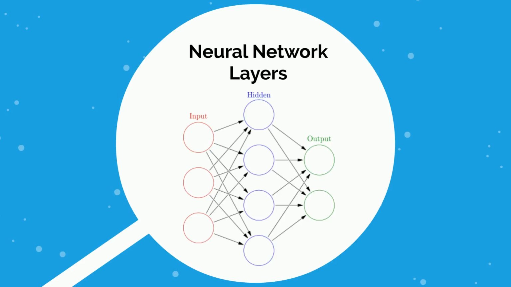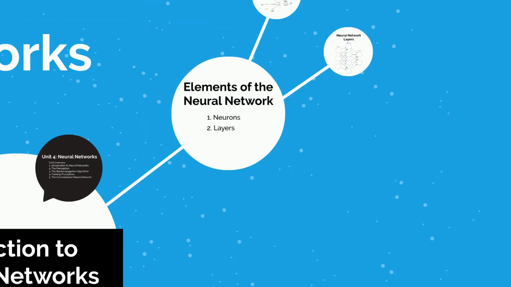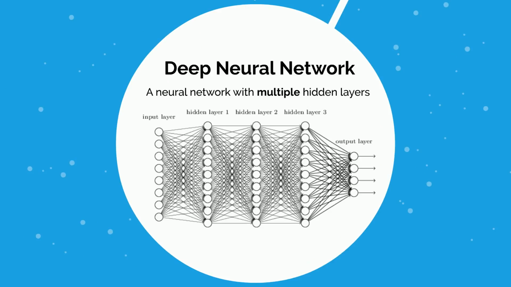So this is the basic structure. When they get a lot more complicated and look a little bit like this, they're considered deep neural networks. A lot of people get really excited by artificial intelligence, and this is the area where machine learning and artificial intelligence overlap. When we have multiple hidden layers, we have what we call a deep neural network, and it is able to do deep learning.